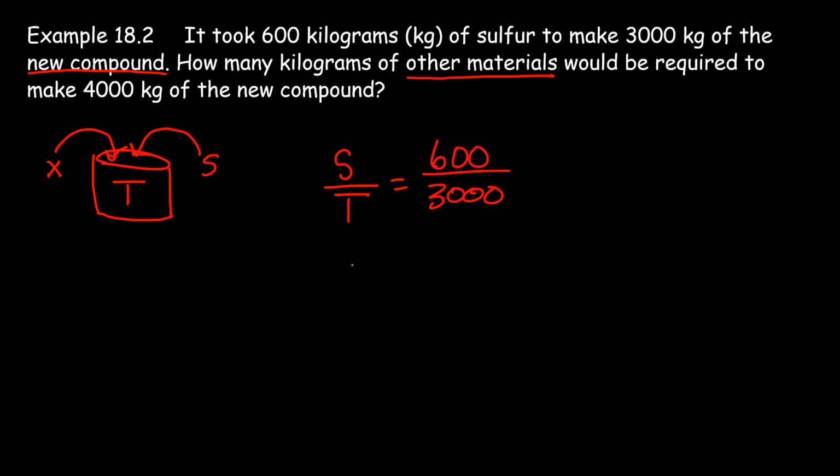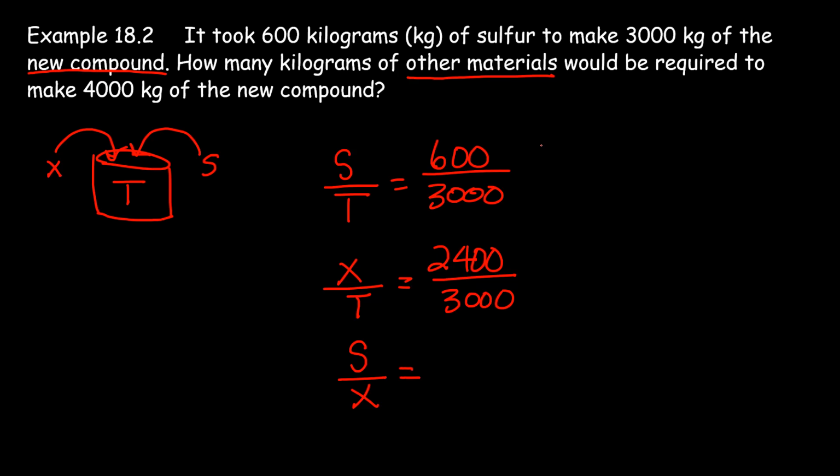I can talk about the ratio of other stuff to the total. All right. If the total is 3,000 kilograms and 600 of those were sulfur, then that means the rest of them were something else, X, and that will be 3,000 minus 600, or 2,400 kilograms of other stuff. So that gives us two proportions, and then the other proportion is going to be the ratio of sulfur to other stuff.